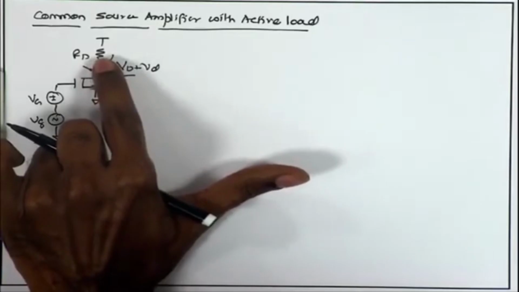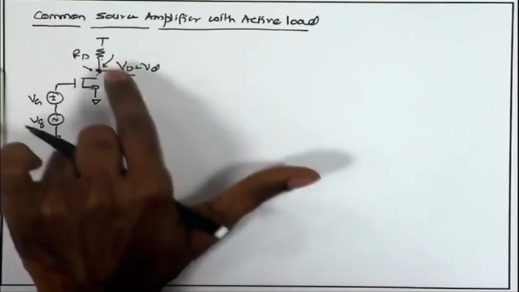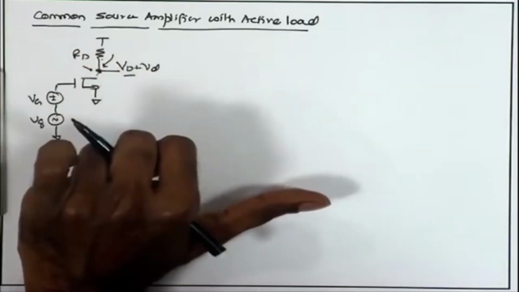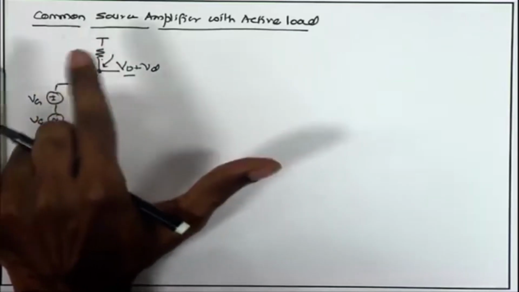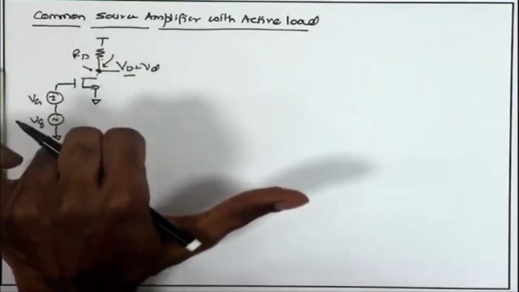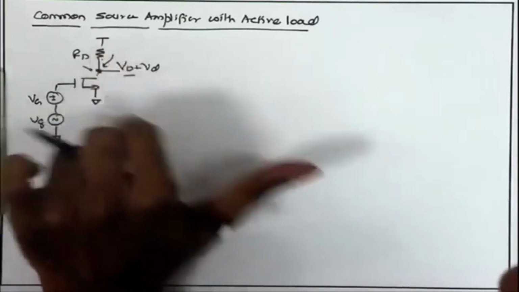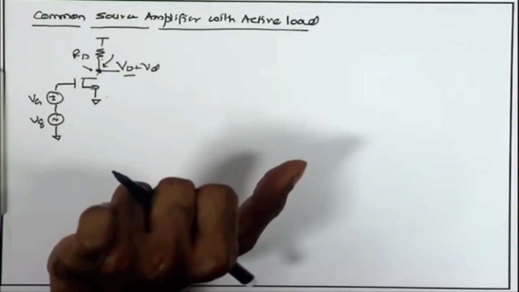The area consumed by these passive resistors and capacitors can be pretty large, so if you can avoid the use of passive elements and use active loads, that is, employing CMOS transistors, either PMOS or NMOS, directly as load elements, that can be advantageous. That is the main motivation behind using an active load in place of the passive component RD.